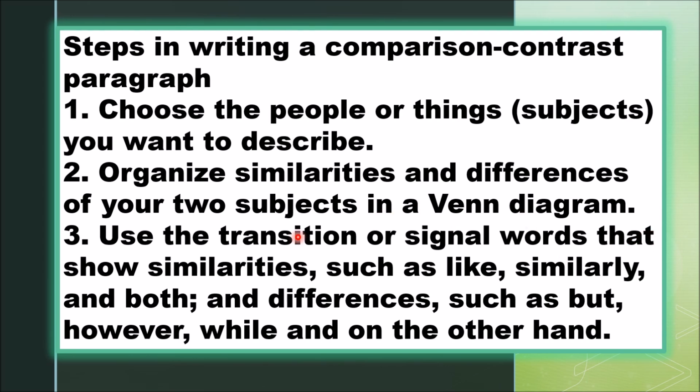Tapos, kaya natin malalaman na ito ay magkatulad dahil sa salitang signal words na such as like, similarly, both, pareho. Pag ito naman ay pagkakaiba dahil sa salitang such as but, pero, however, while, on the other hand, or sometimes we use whereas. Okay? So, bear that in mind, kids. Lagi niyong tatandaan. Okay?